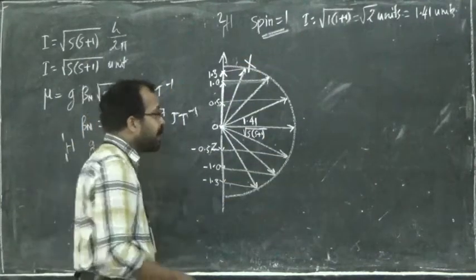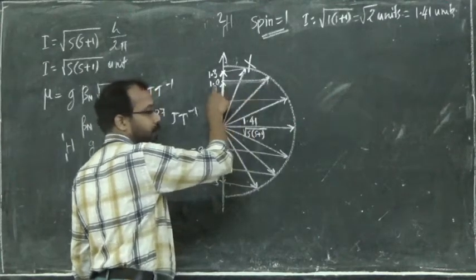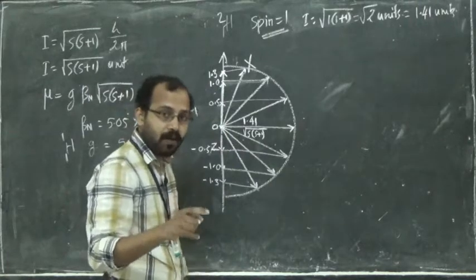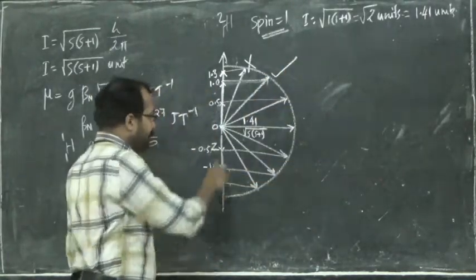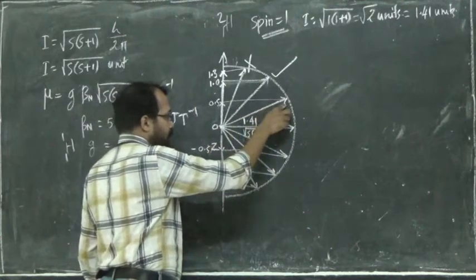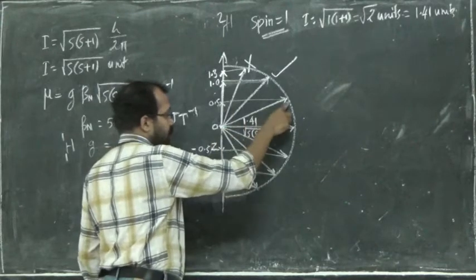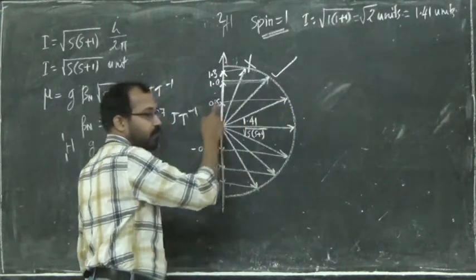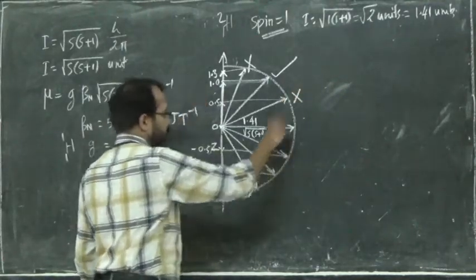Now let us examine the next one from here to here, and it has a component of 1.0. Therefore, it is quantum mechanically allowed. Okay. And let us check the next one, this angular momentum. It has a component of 0.5, that is not an integral unit. Therefore, this is not quantum mechanically allowed.